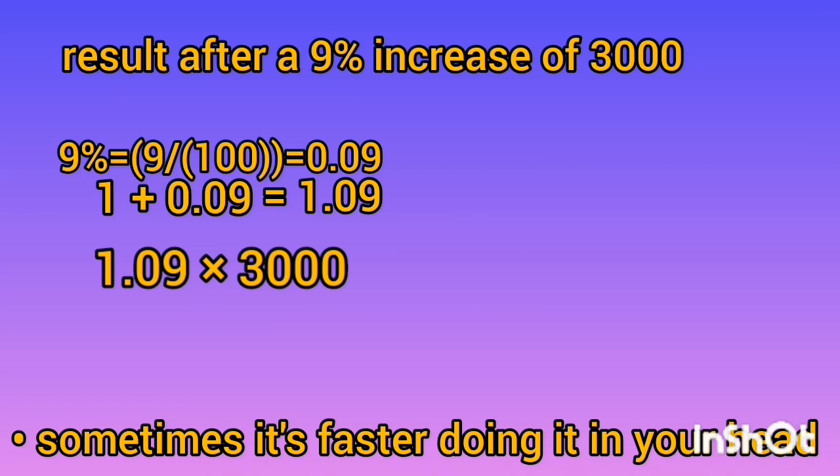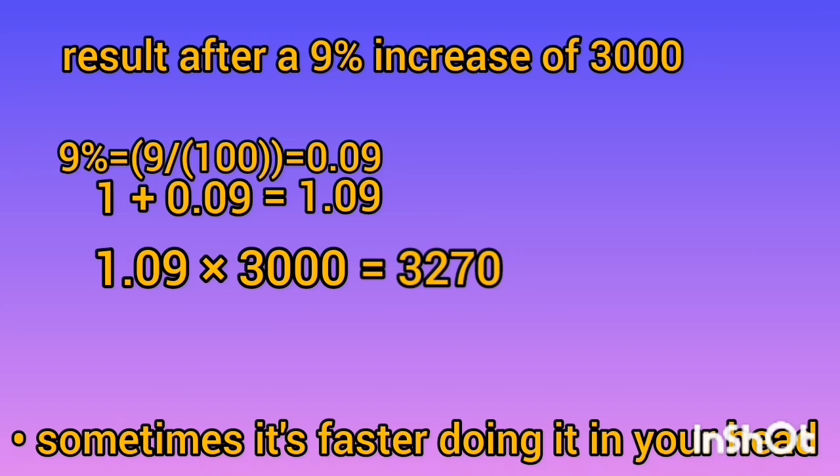So here again you can punch straightforward 1.09 by 3,000 to get 3,270.